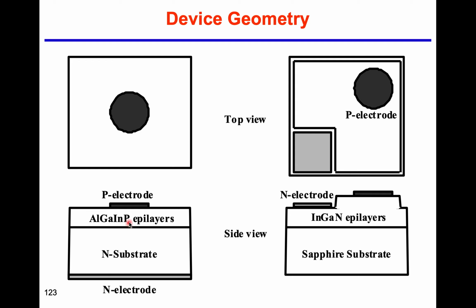That is a conductive semiconductor, so we can have a vertical p-type and n-type configuration. On the other hand, for the nitride system, the sapphire material is an insulator, so we need to put the n-type and p-type material on the same side. Okay, so that's the top view and side view for the phosphide LED and the nitride LED.